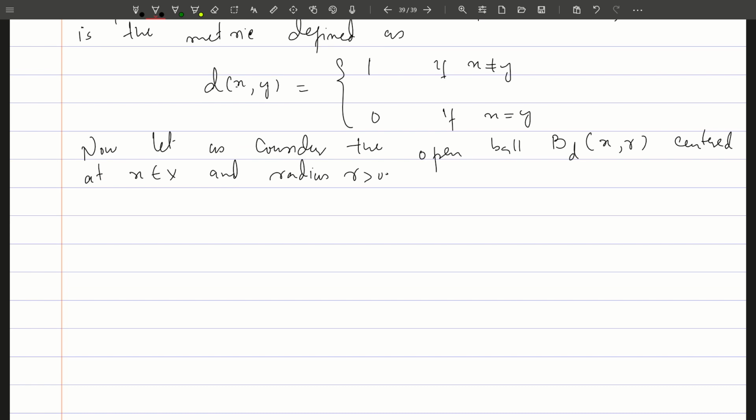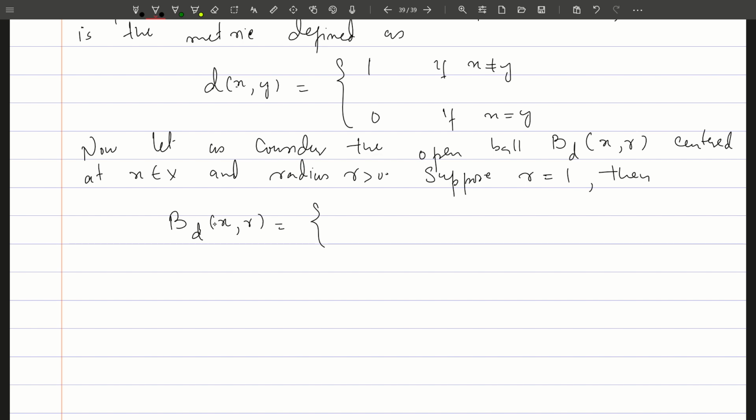So this r is any real number. Suppose r is less or equal to 1. Then this B_d(x, r) is the set of all points. I mean, let us take this r to be equal to 1.